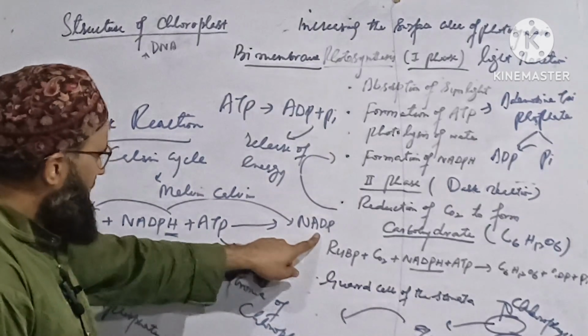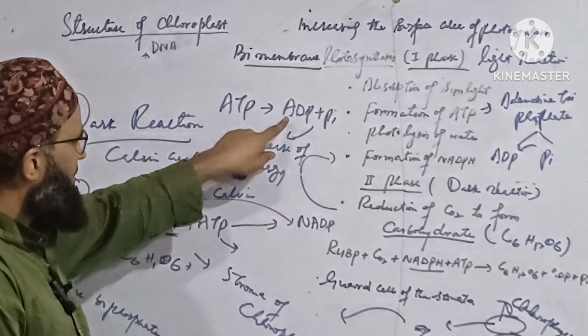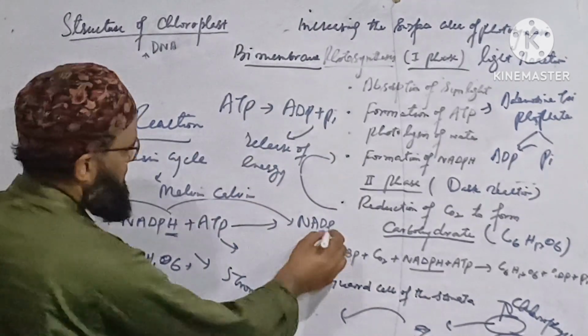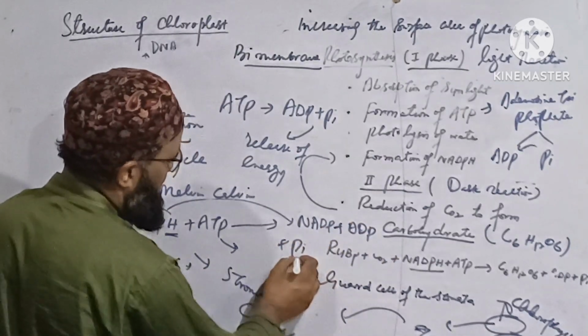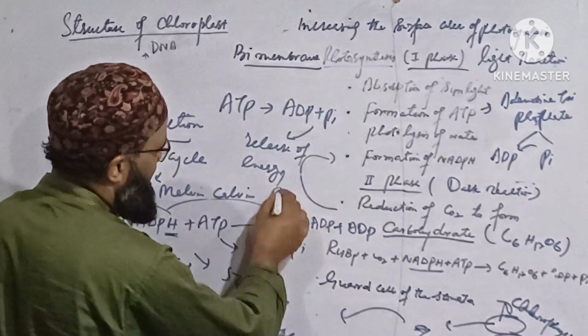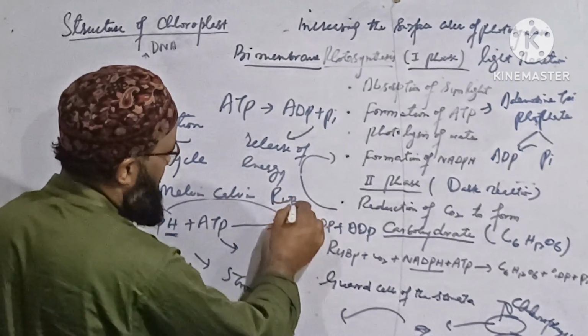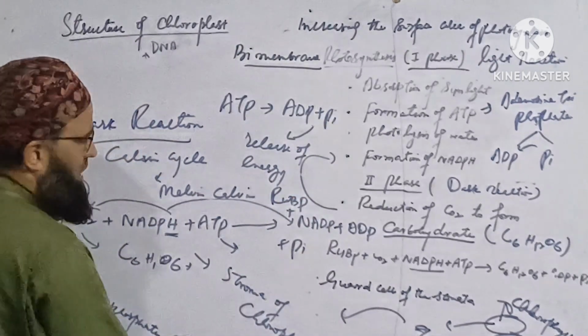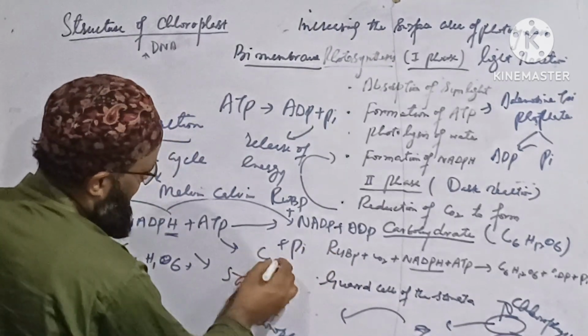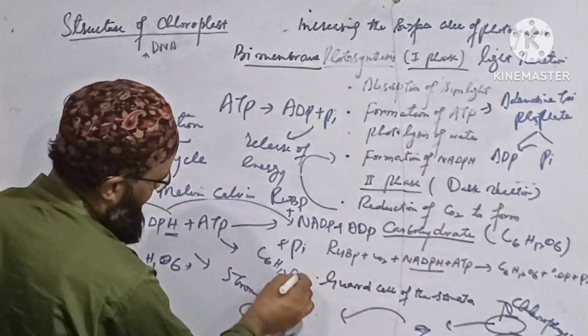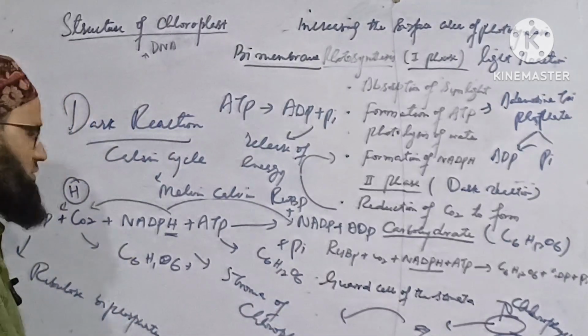NADP is released here, then there is the formation of ADP plus inorganic phosphate. Also there is the formation of RuBP, and it also helps in the formation of C6H12O6.